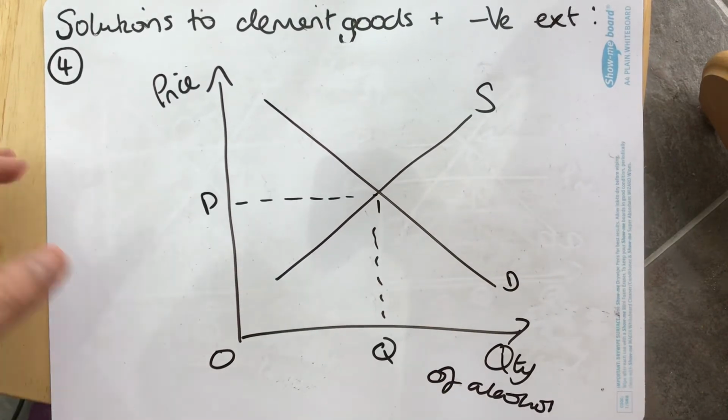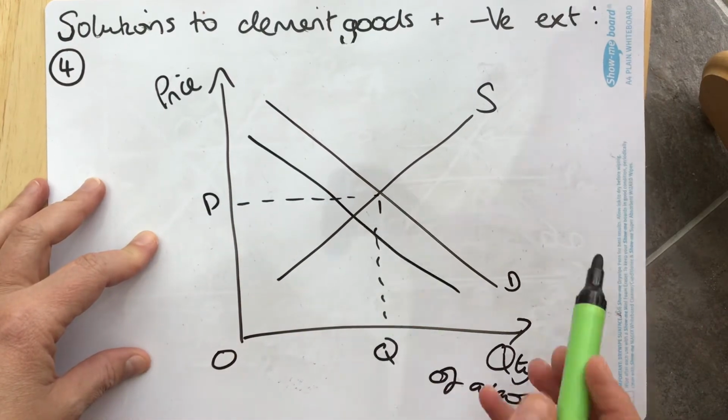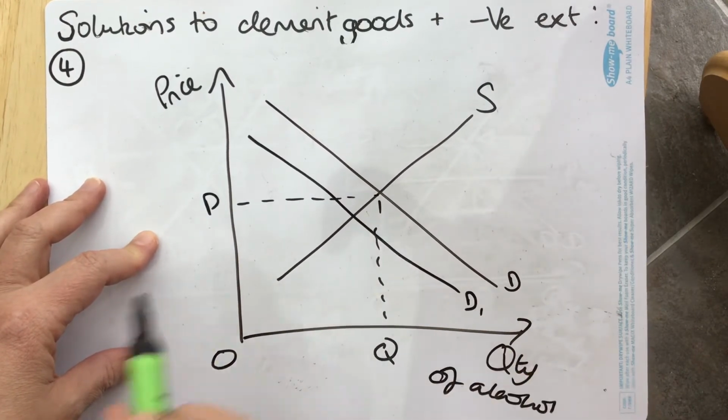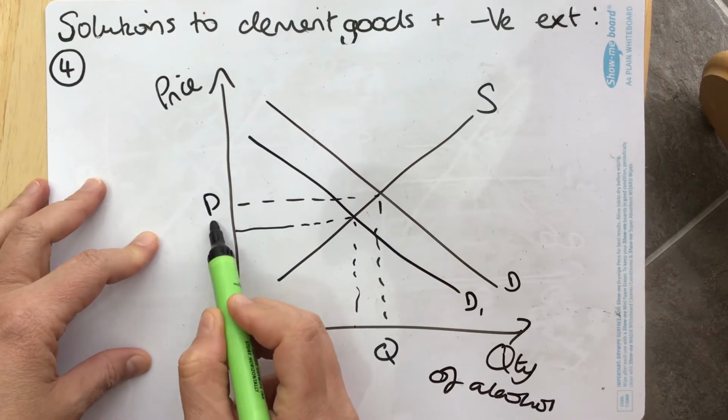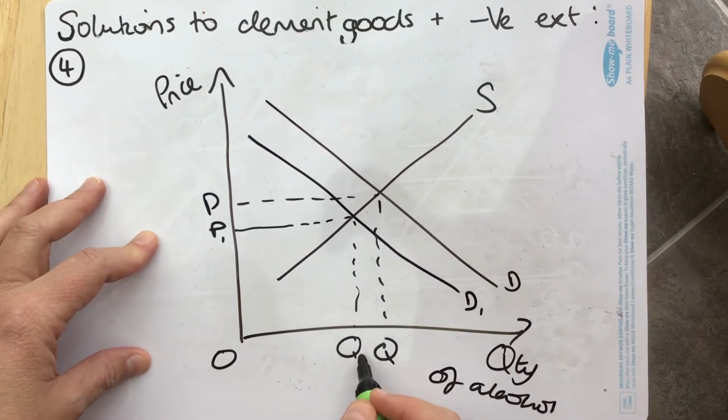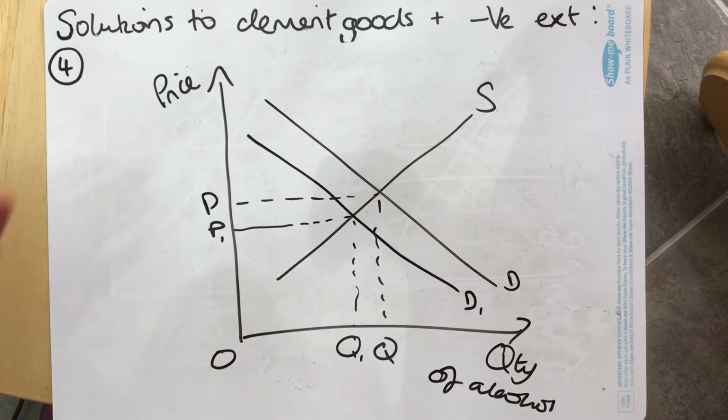So that will definitely, of course, affect the demand curve. The intention is to make it so that the number of people who want to buy alcohol at each and every price is reduced.